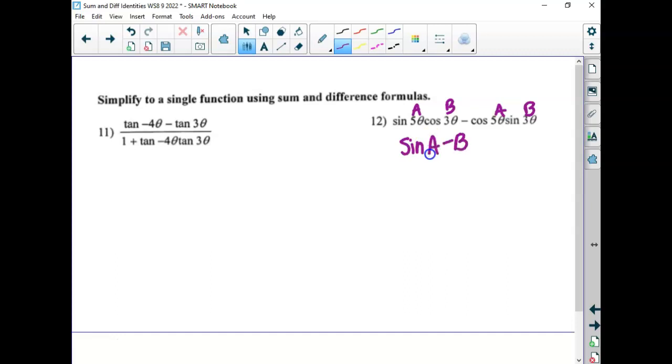Sine A minus B. What is our A here? 5 thetas? Is everybody okay? And our B is 3 thetas. So we can't solve this, but we can simplify it. What are we going to get? Sine of 2 theta. And you can put the parentheses or not put the parentheses, doesn't matter.